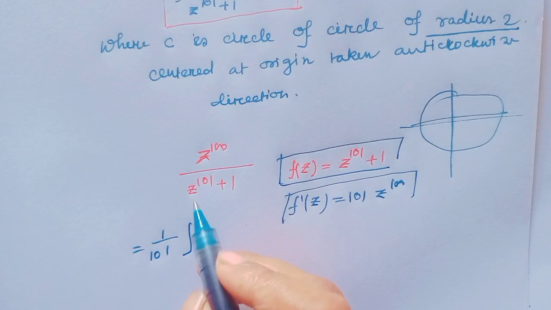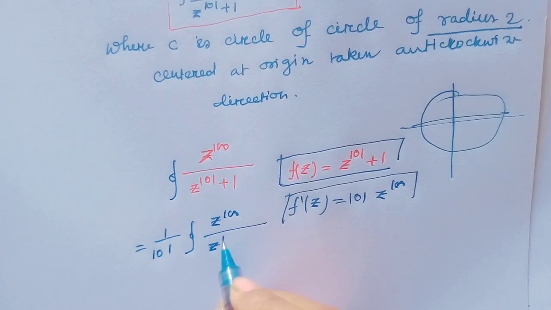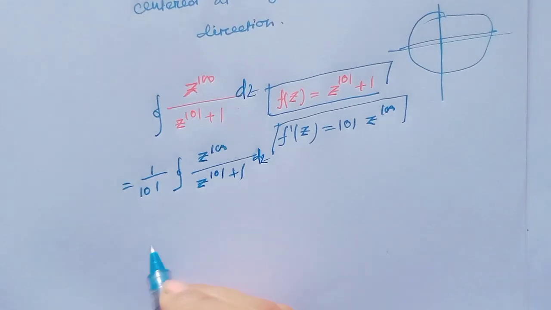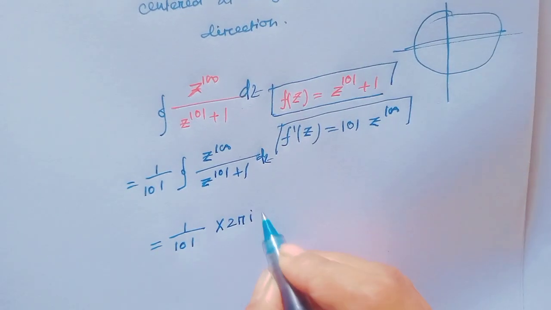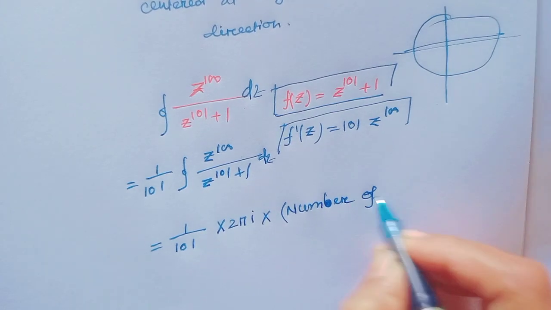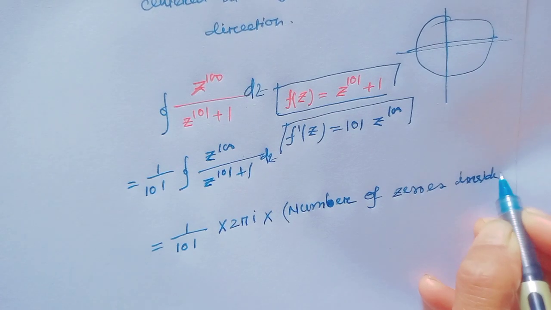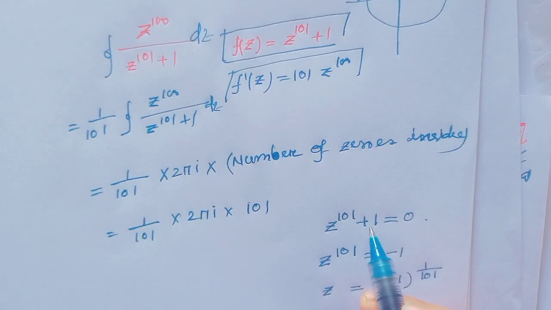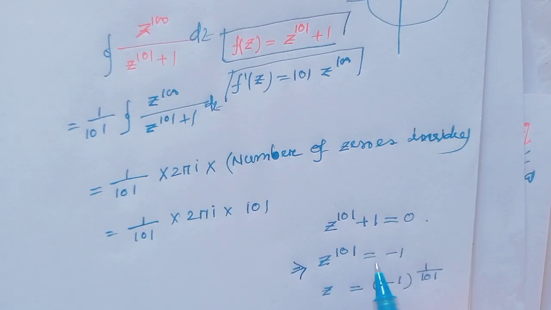That means this would be 101 times the integration of z to the power 100 over z to the power 101 plus 1 dz, and this value equal to 101 times 2πi times the number of zeros inside C. Here the zeros of f(z) means z to the power 101 plus 1 equal to 0. That implies z to the power 101 equal to minus 1.